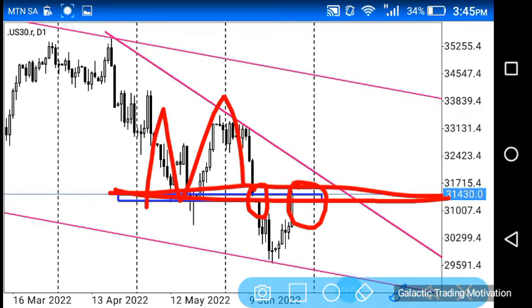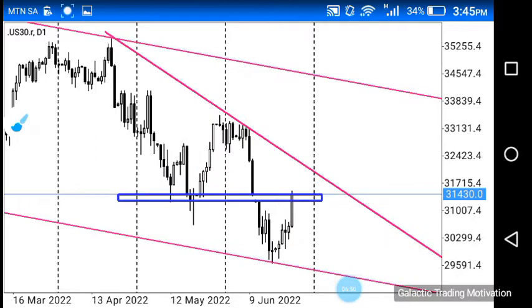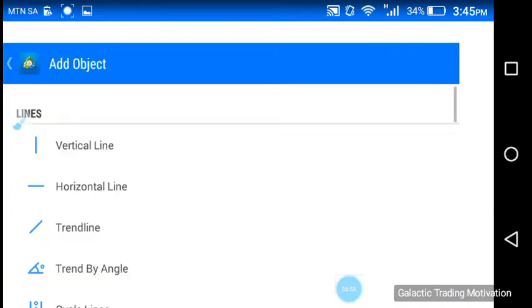So another reason why I say we may see a retracement there is the fact that we have these two candlesticks over there, which are liquidity candlesticks, and the market needs to grab that liquidity at some point. Let me just add lines to those two candlesticks so that we don't forget about them.